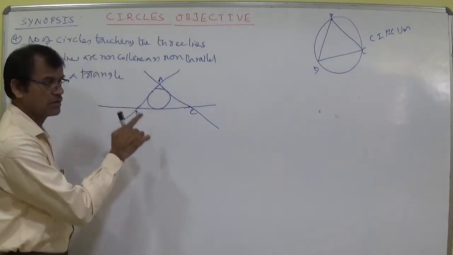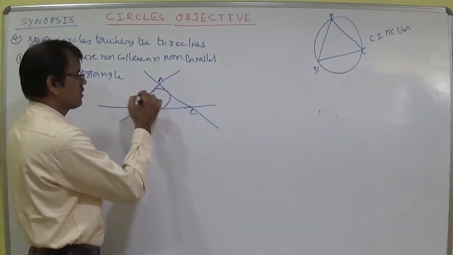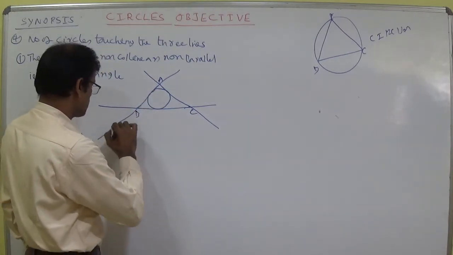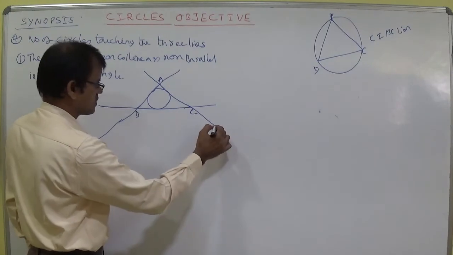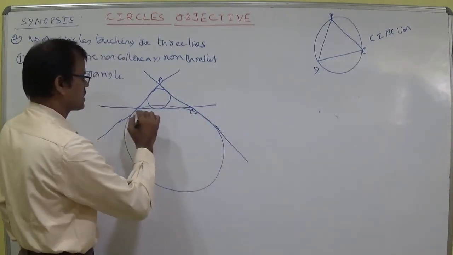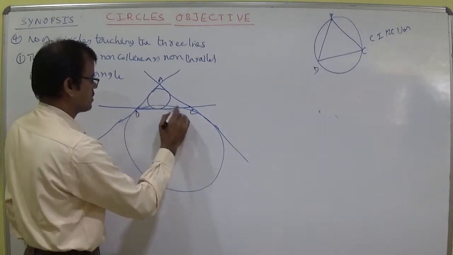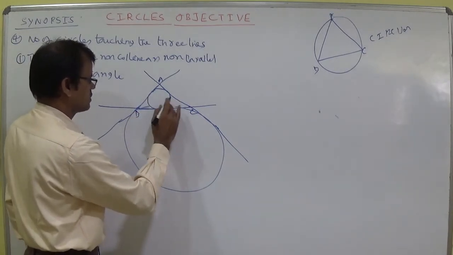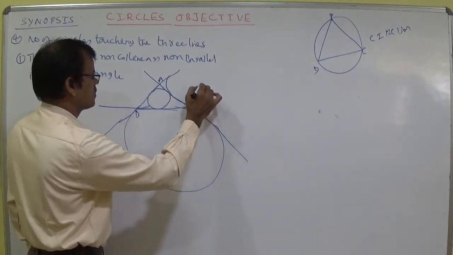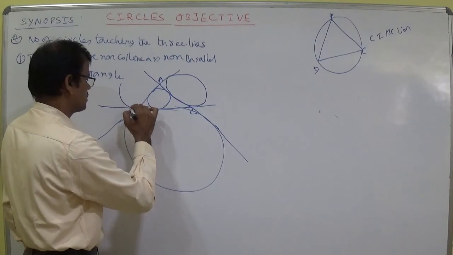This one is touching all the three lines from inside. It is the incircle. Next, like this, touching all the three lines. This is excircle 1. Don't draw like this. This is excircle 2. This is excircle 3.